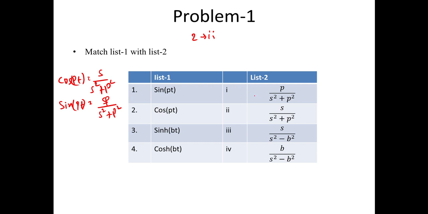So where we are getting this one, p into s square, that is, sorry, as 1, then sine hyperbolic of b into t is b divided by s square minus p square.